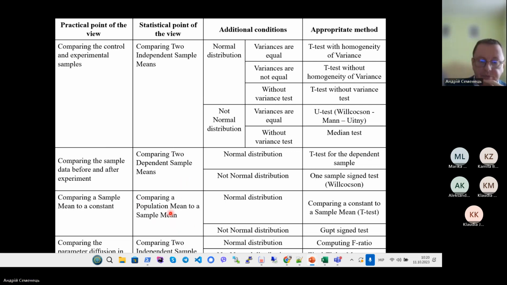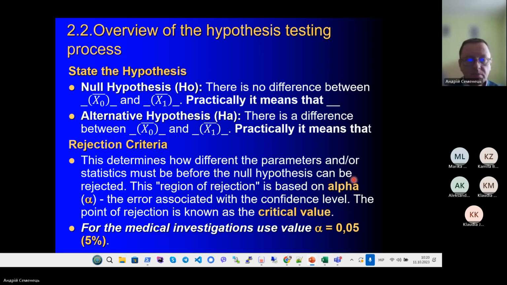Here is the second column, statistical model, and then the condition, distribution type. If we have normal or abnormal distribution, in the first case we additionally test variance, and then we have to arrive at a single cell, which gives us the only correct method for this case. Here is the main difficulty. When you pass through this algorithm, you must arrive at only a single cell and prove that it's the only correct way to make the statistical analysis.